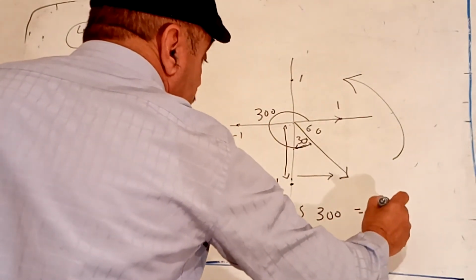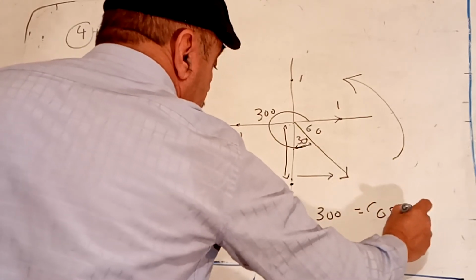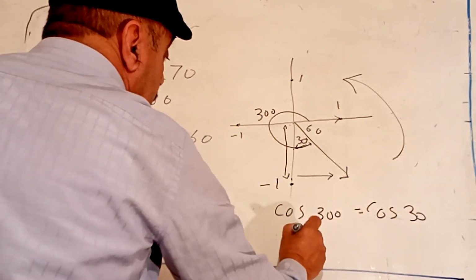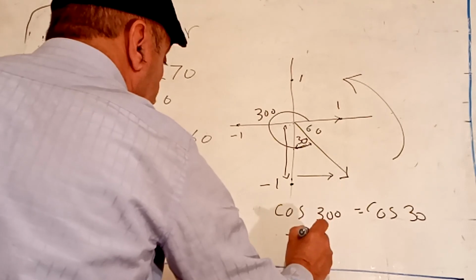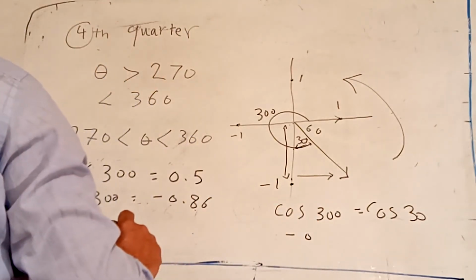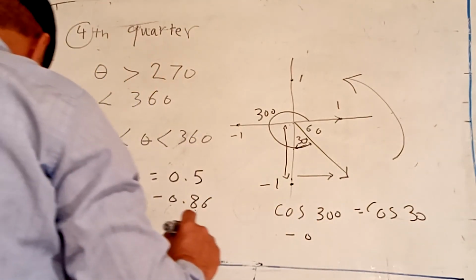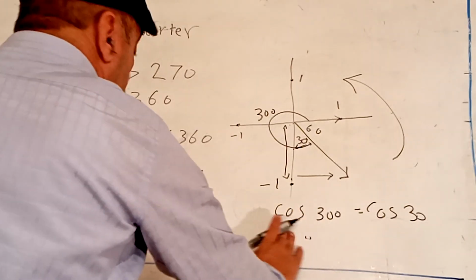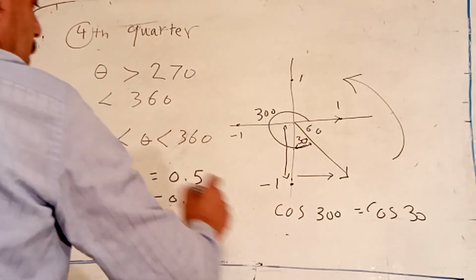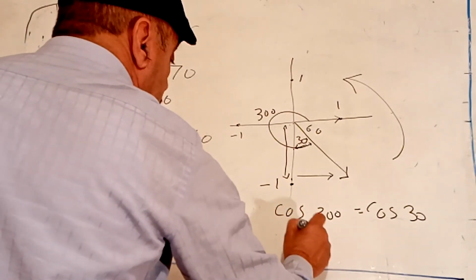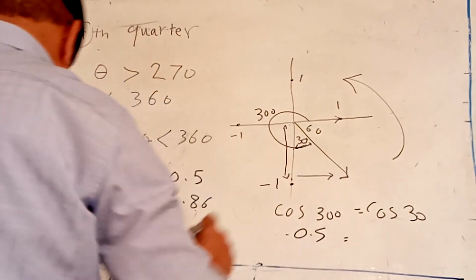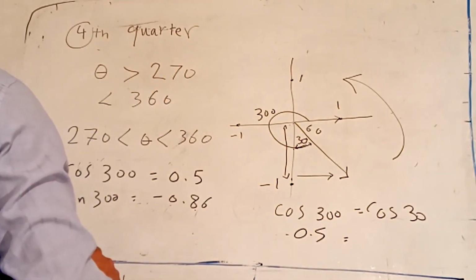Cosine 30. This will be minus 0.86. Now cosine 300 equals 0.5. Cosine 300 equals 0.5, and cosine 30 is equal to 0.52.